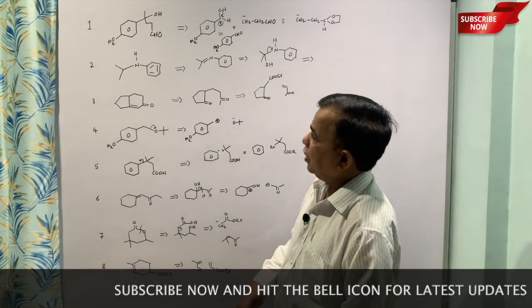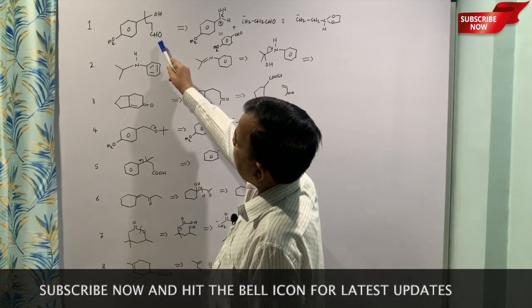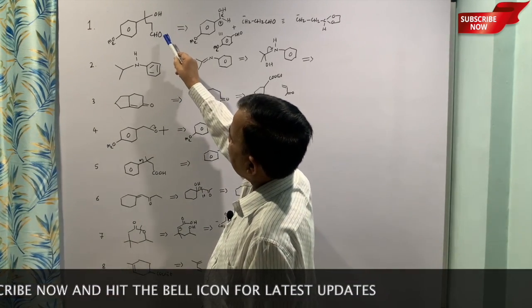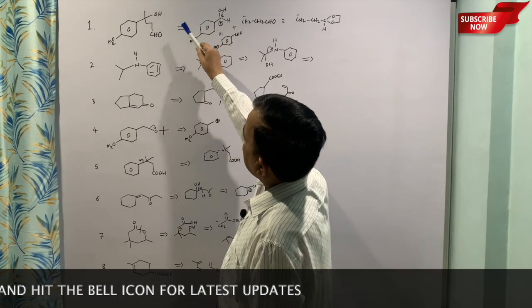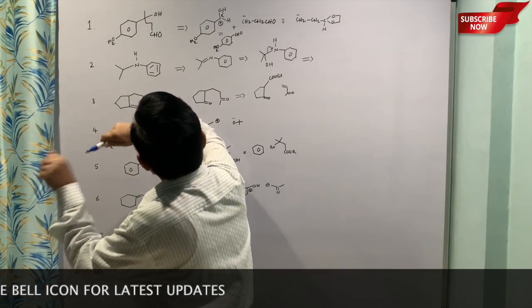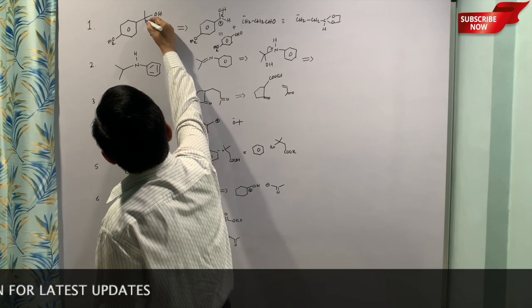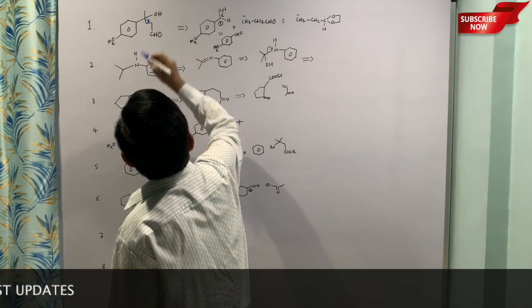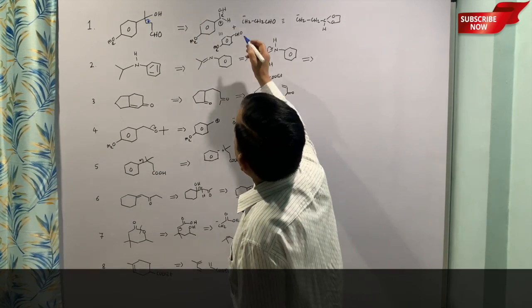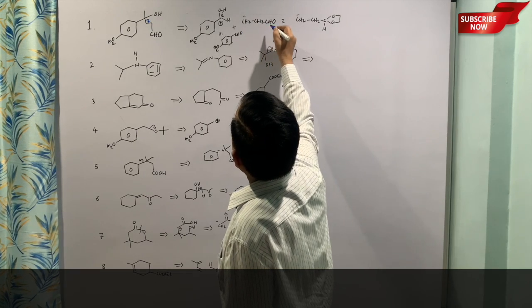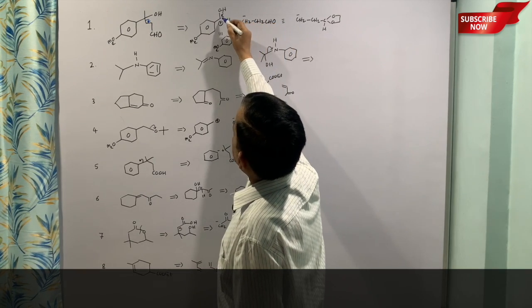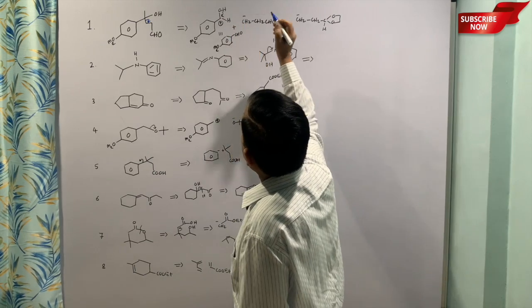So first of all, this aldehyde, or this bifunctional compound, I would say, the disconnection is this way. So you get CH2 minus CH2CHO, and then this eventually is an aldehyde.